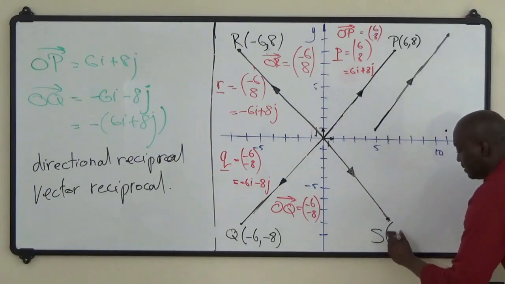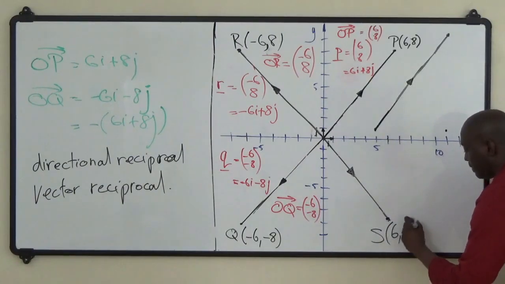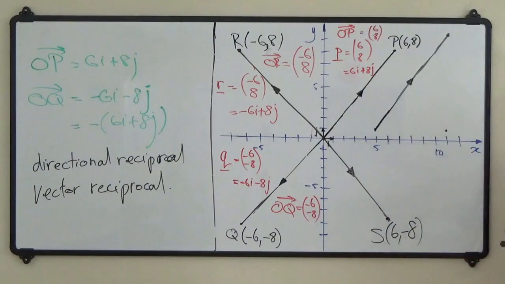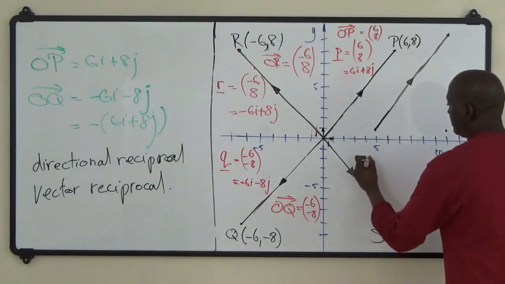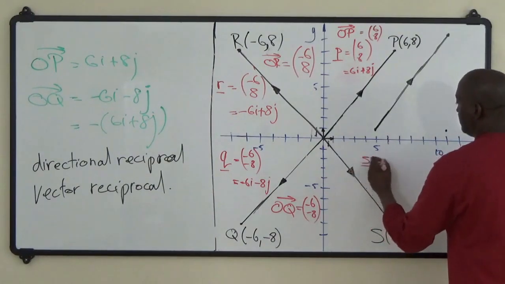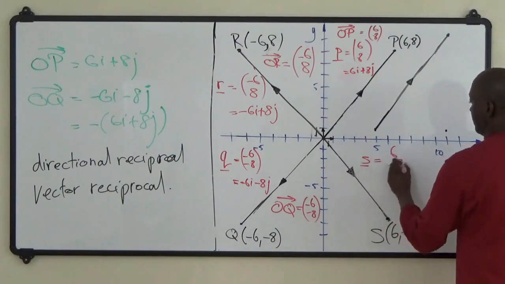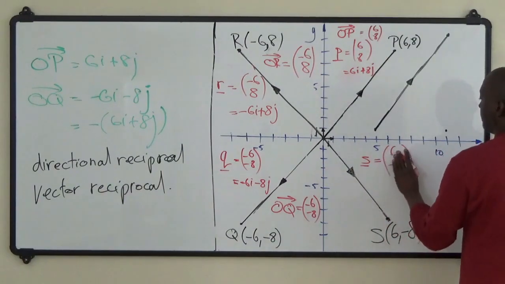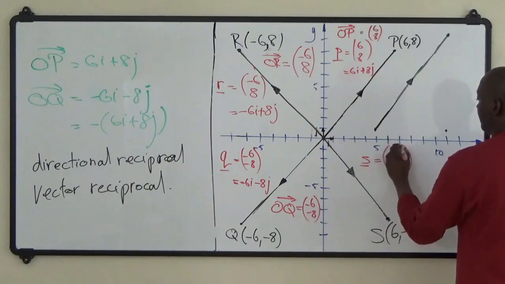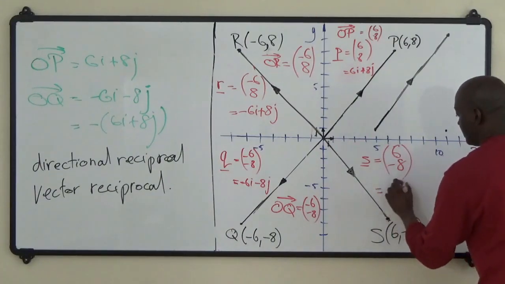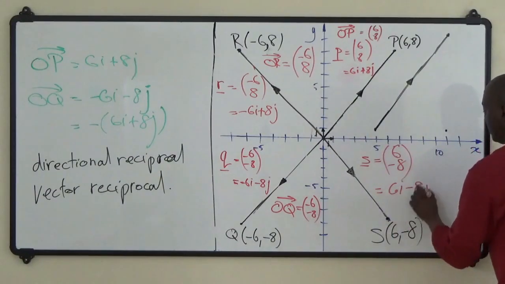So that will end us up at the point 6, comma, minus 8, because it is a position vector. And just as we did in all the other cases, the position vector S with the line underneath it is 6, minus 8.